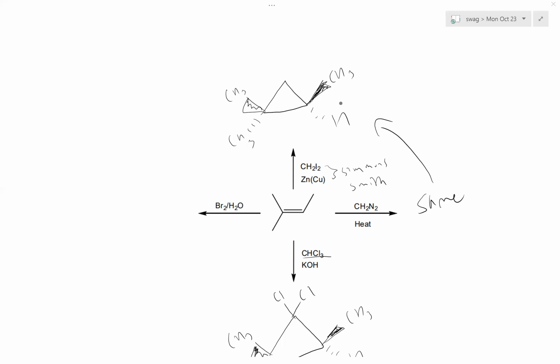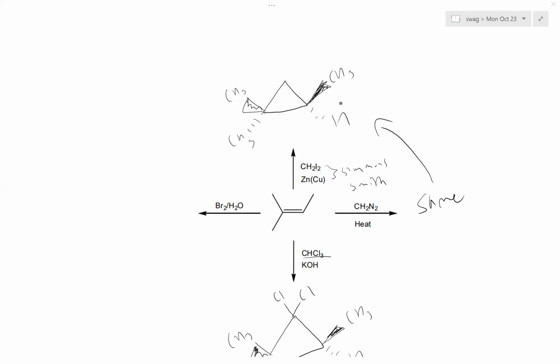So naturally, you're going to have a Br being added and an OH being added. Refer to the mechanism in case you forgot how that happens. Remember, you form that bromonium ion, and H2O wants to attack from the most substituted side.